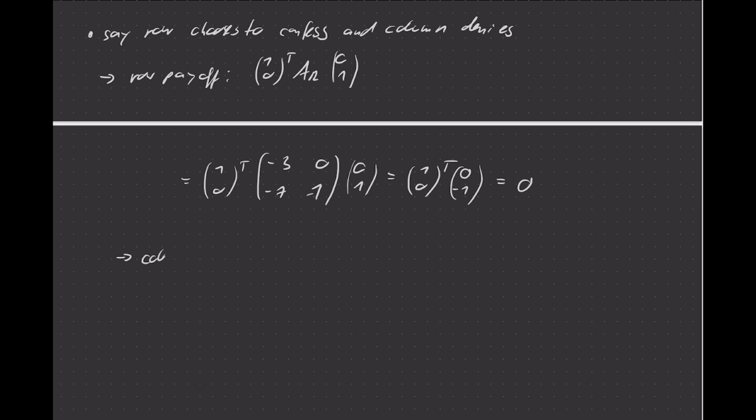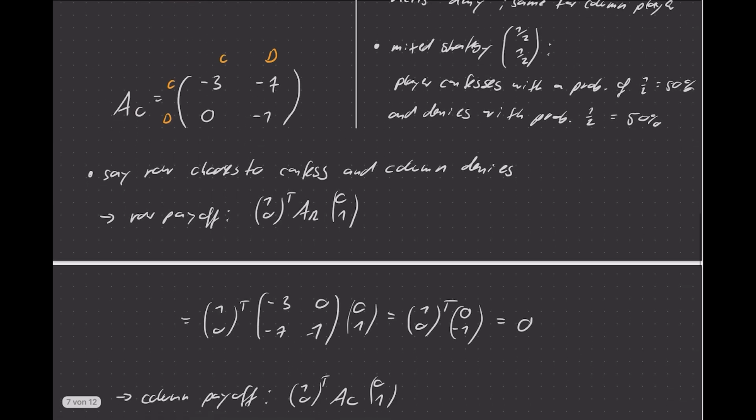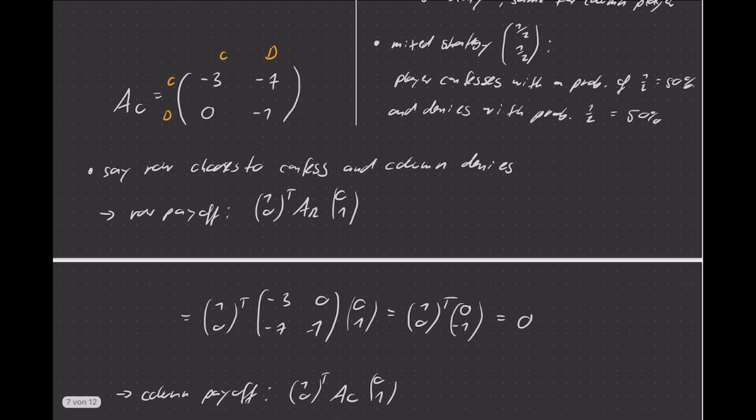For Column, the payoff would be the same, but with A_C instead of A_R. So we get 1-0 transposed. Now A_C is -3, -7, and 0, -1.